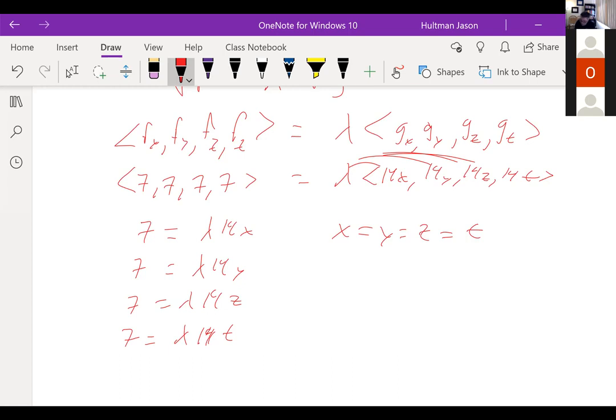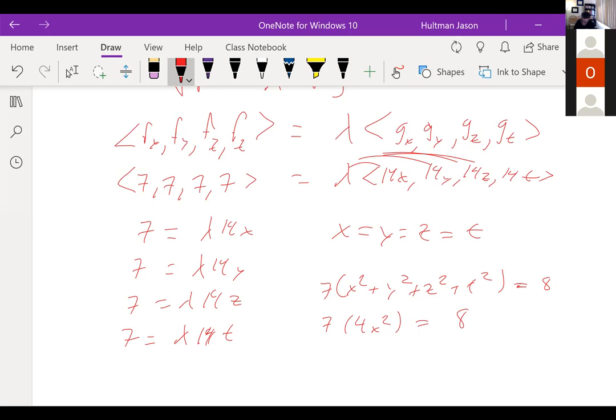How do we solve for these values? Well, we have an equation that we can solve for. We now can plug this into the x squared plus y squared plus z squared plus t squared is equal to 8 and solve directly for x, because this is going to be 4x squared times 7 is equal to 8.